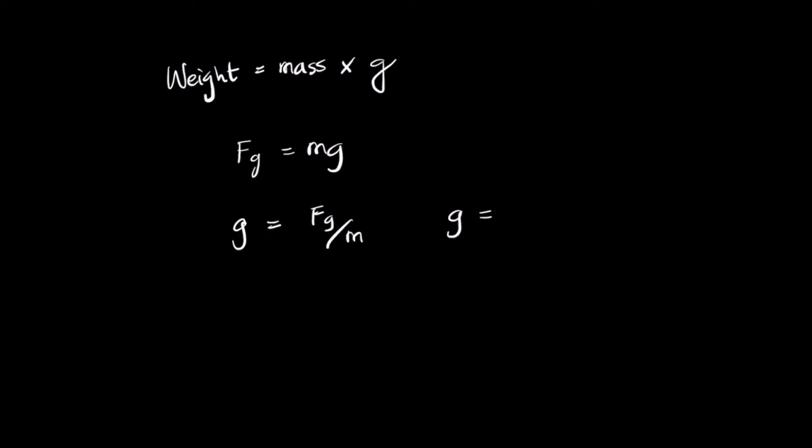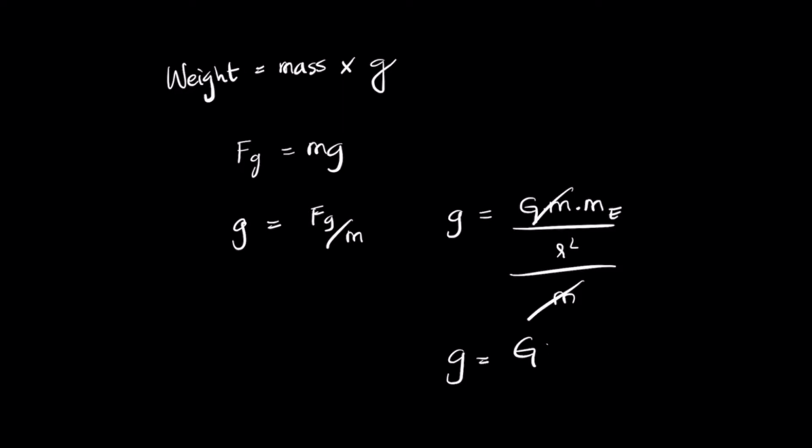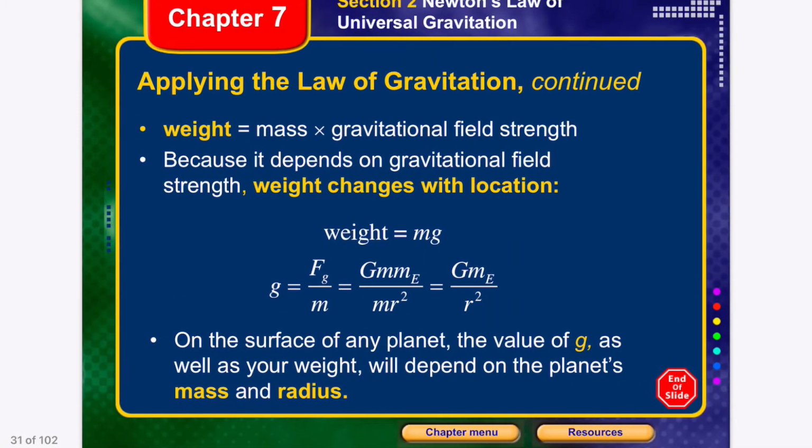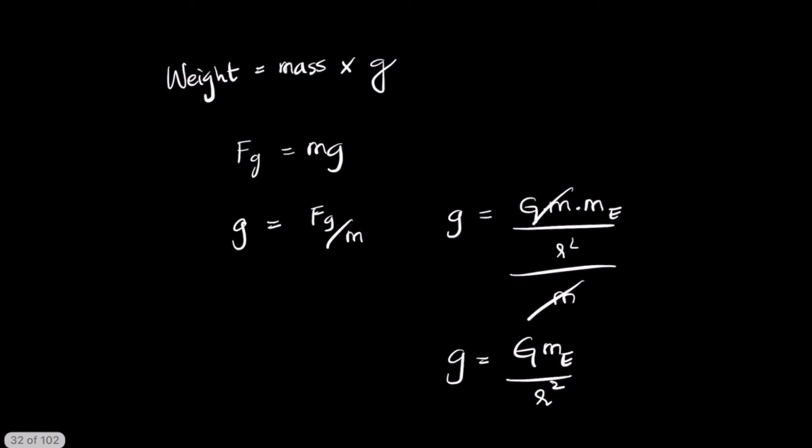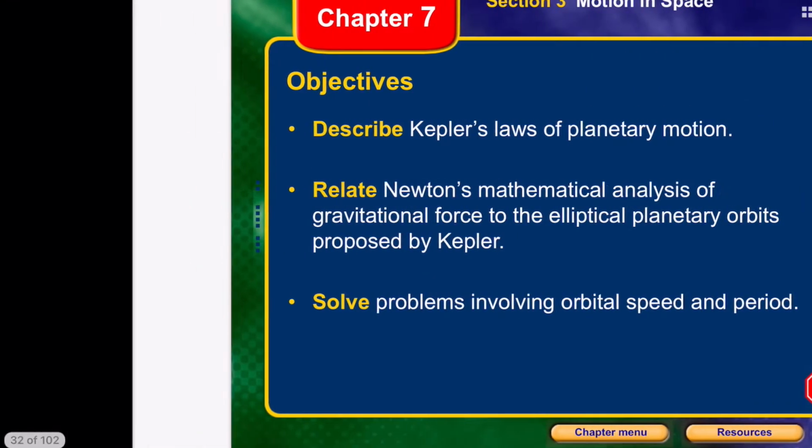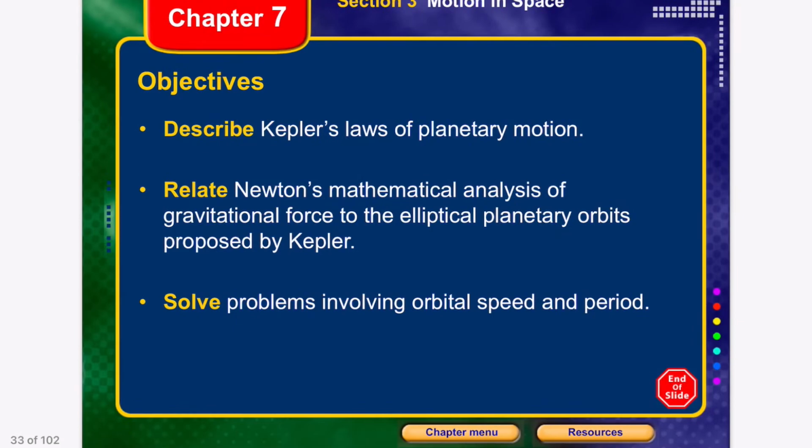Fg here we can calculate from Newton's law of gravitation as G times m times the mass of the Earth, divided by r square, over m. So m is gone, and g can be written as G times the mass of the Earth divided by r square. Here you consider the mass and radius of the Earth, and based on the radius we can calculate the value of g as well.